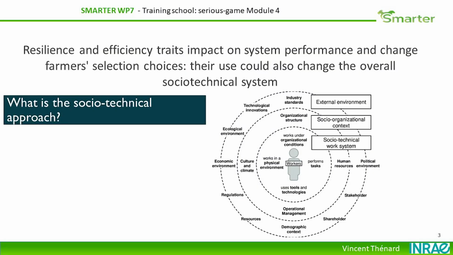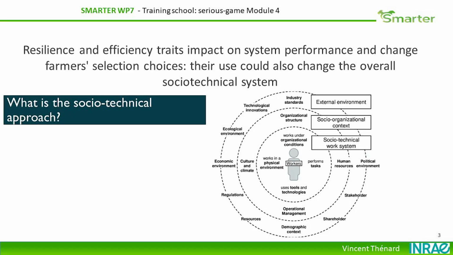And you can imagine, for example, colleagues from Belgium use this socio-technical approach to explain the production of specific beef meat production with Blanc Bleu Belge.